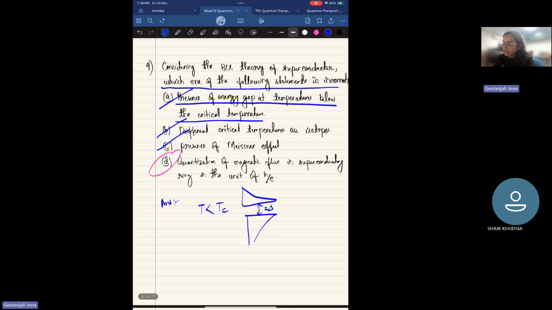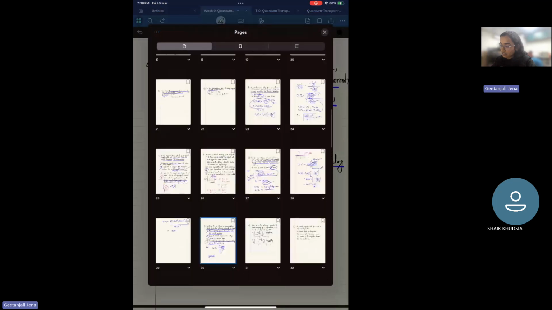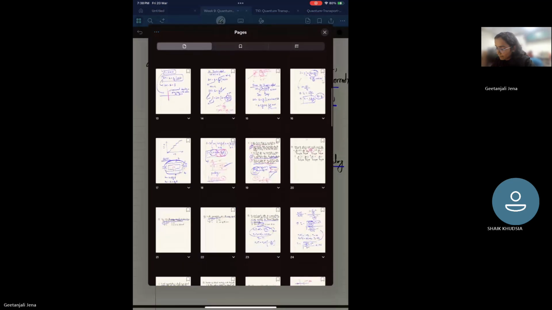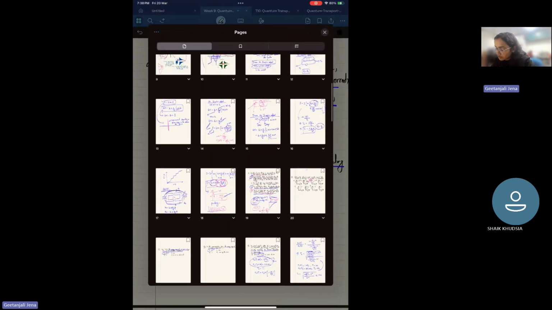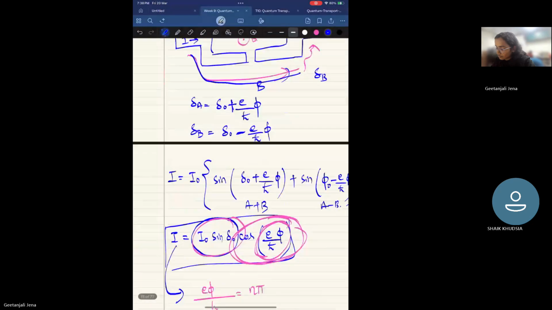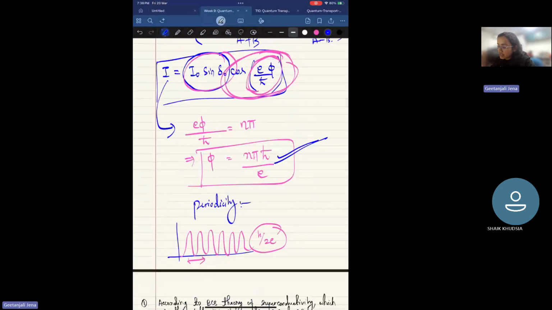Option D says quantization of magnetic flux in a superconducting ring in units of h by e, which is not correct. If you look at the SQUID, which we discussed towards the end, the flux is quantized.